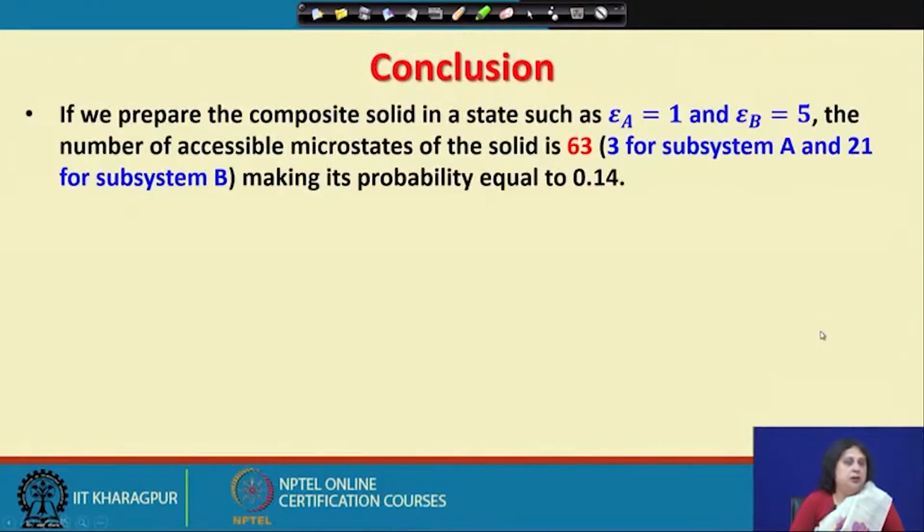So, this tells us that if we prepare the composite solid in such a state that epsilon A is equal to 1 and epsilon B equal to 5, then the number of accessible microstates of the solid is 63, making its probability approximately 0.14.